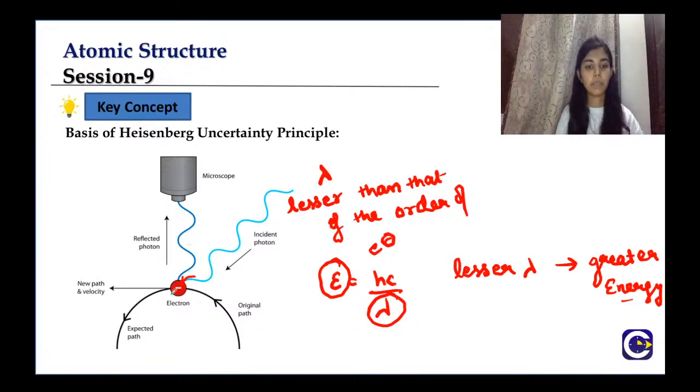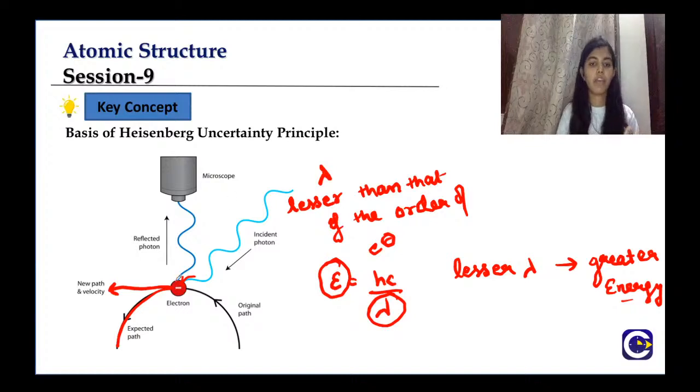So by taking lesser lambda, a wave of lesser wavelength and greater energy, the electron gains much energy, and it was expected to follow this path, but because of greater energy it just falls out of its orbit and goes to a new path and velocity.